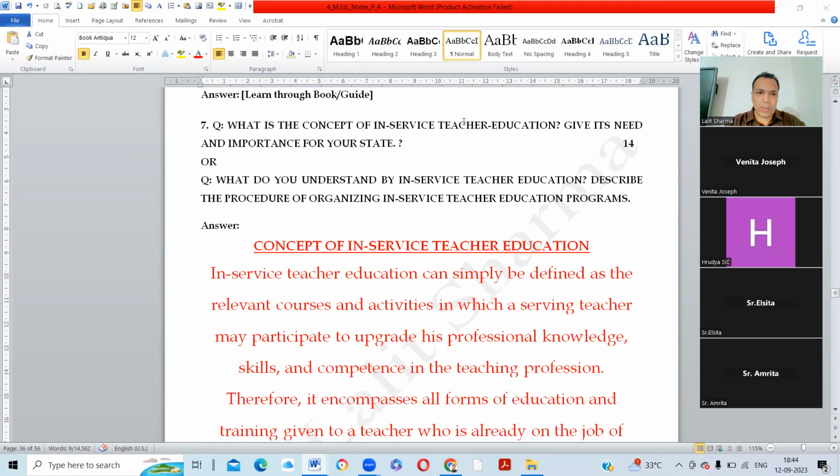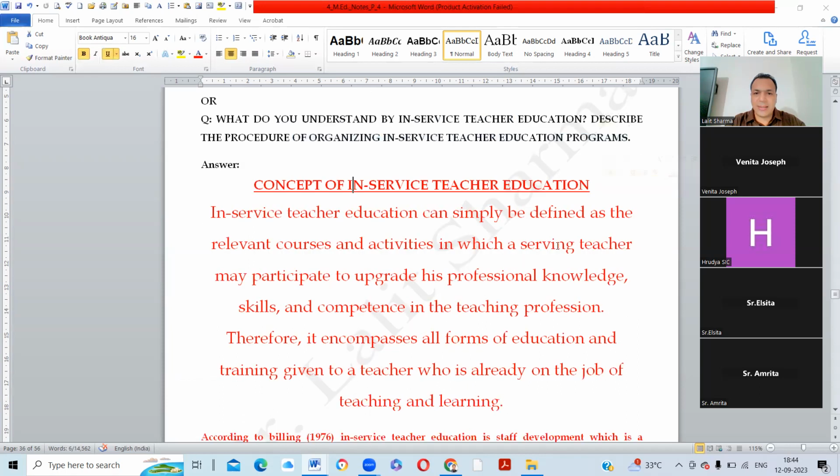What is the concept of an in-service teacher? And what do you understand by in-service teacher education? Describe the procedure of organizing in-service teacher education programs. In-service teacher education I have already discussed.